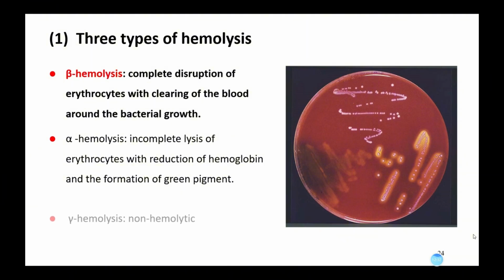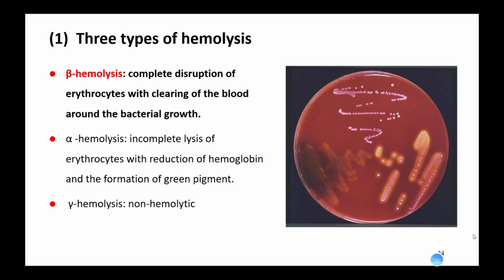While the third one, we call the gamma hemolysis. Actually, it's not hemolytic. It does not cause any hemolysis. It's here. This is a gamma hemolysis. There is no actual hemolysis here. So 3 different types of hemolysis.